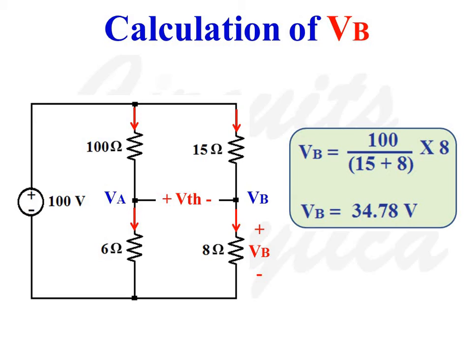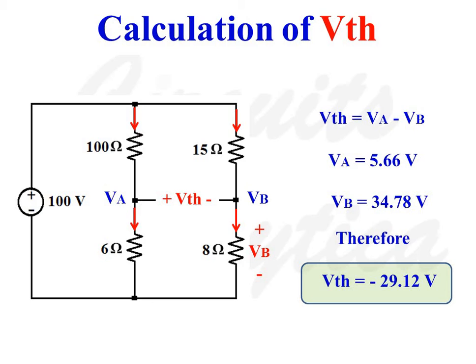So current flow through the series combination of 15 and 8 ohms is 100 divided by 15 plus 8. Therefore voltage drop across 8 ohms resistance due to this current flow, VB is equal to 100 divided by 15 plus 8 into 8. So we will get VB is equal to 34.78 volt.